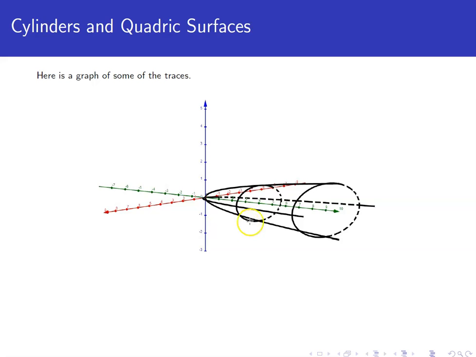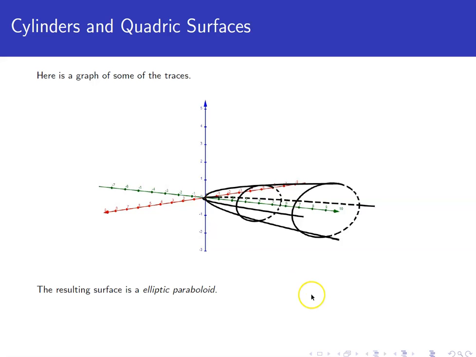And then we've got the ellipses that are the traces formed by planes that are parallel to our xz plane. So as we cut it vertically, perpendicularly to the y-axis, we get ellipses for our traces.